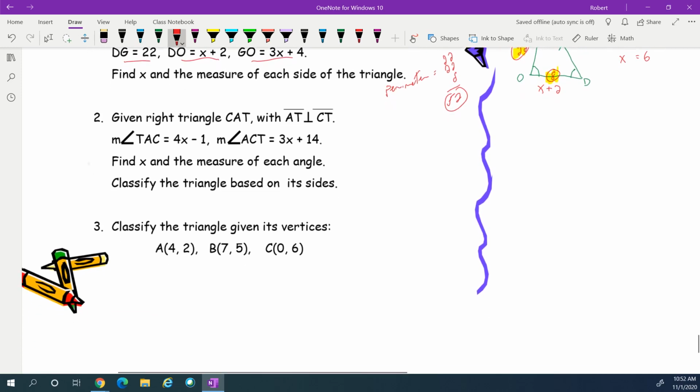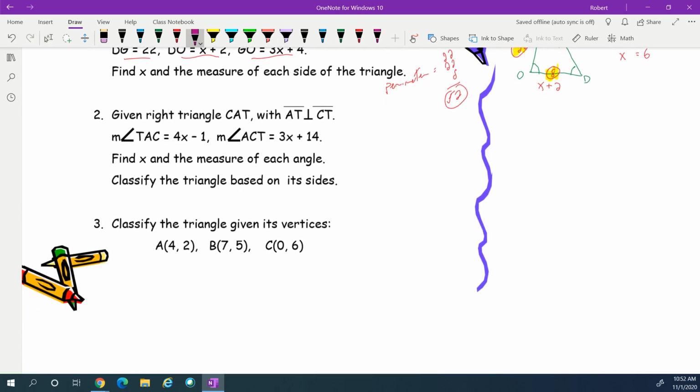Looking at number 2, and I'm going to bring number 2 out to the side here. Right triangle. Fine, draw it. That's good enough. We have a right triangle. I don't know where C, A, and T go yet, but at least I have a right triangle to start with.